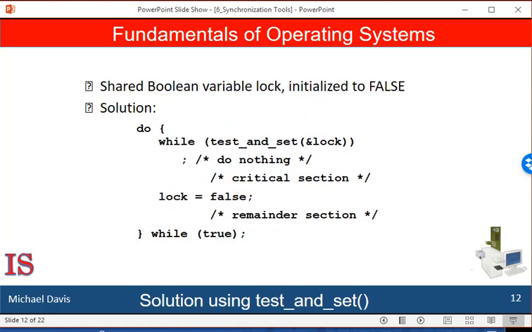If the machine supports the test and set instruction, then we can implement mutual exclusion by declaring a Boolean variable lock initialized to false. The structure of a process is shown here. The hardware-based solutions to the critical section problems are complicated as well as generally inaccessible to application programmers.